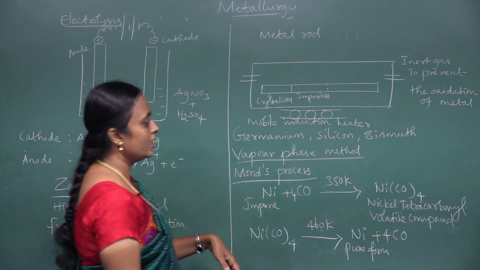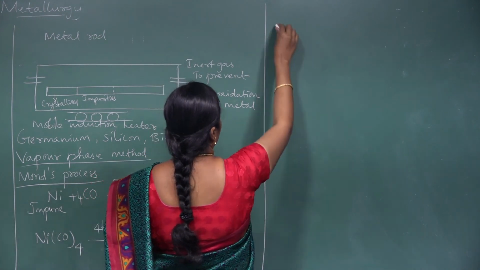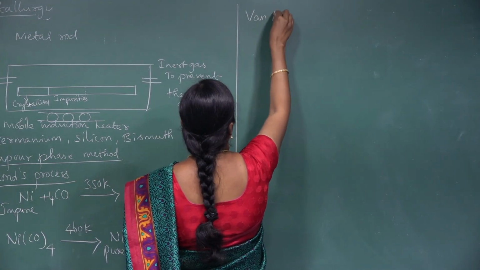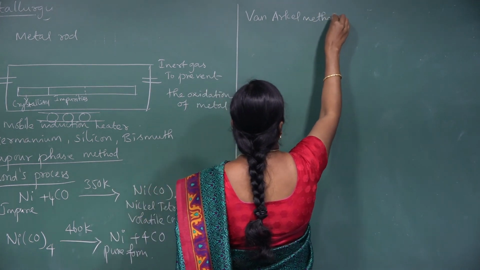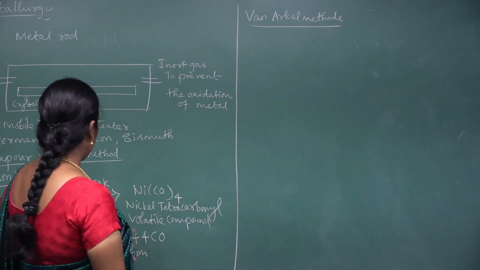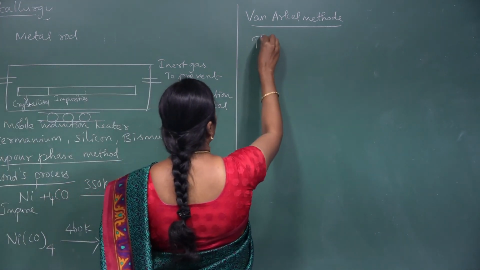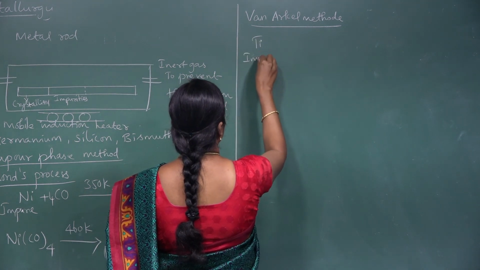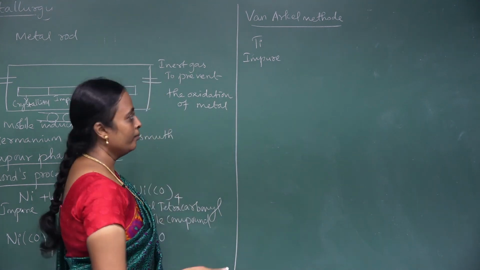This is one method using compound formation. Those compounds should be volatile compounds. And next, one more method, the Van Arkel method, involving a titanium compound. Suppose we have impure titanium and want to convert it into the pure form.